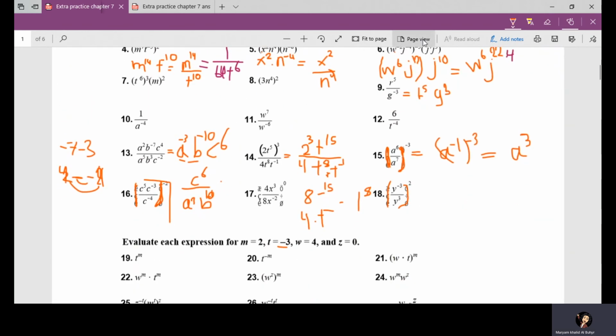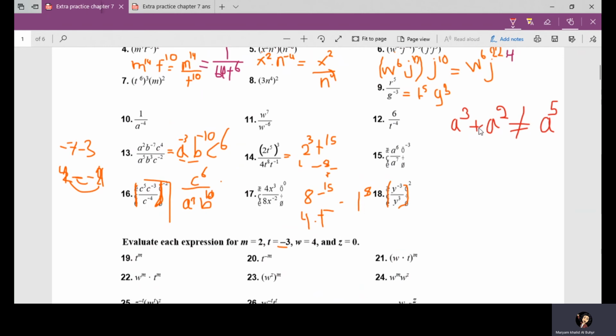Keep in your mind what I told you before. Let me raise this one so I can have space. I told you before, if you have, for example, a to the power 3 plus a to the power 2, you cannot say that's a to the power 5.